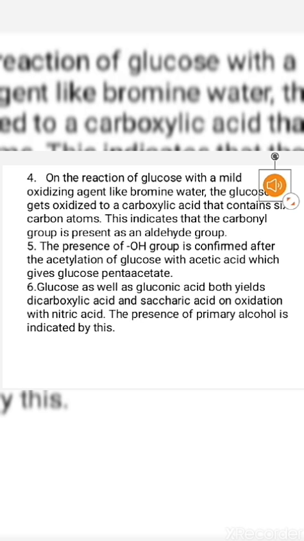It means there are 5 hydroxyl groups. One alcohol group is primary, which can be proved with an oxidation reaction in the presence of nitric acid: when oxidized with nitric acid, glucaric acid or saccharic acid is formed.